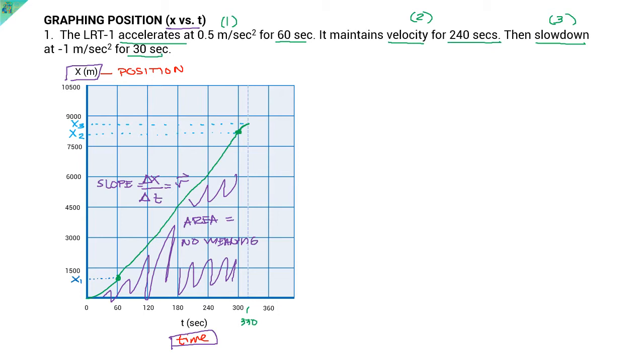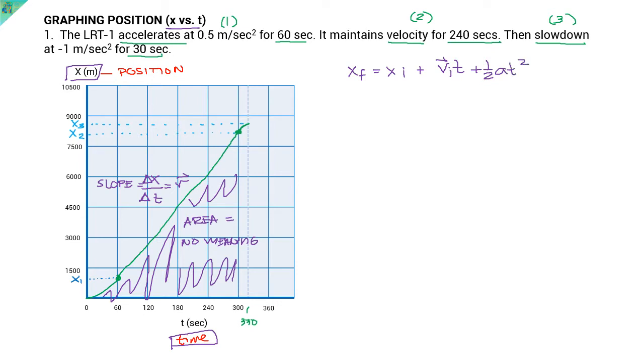So since we're searching for the final position, the formula for that we're going to use is xf is equal to xi plus initial velocity multiplied by time, plus 1/2 acceleration time squared.